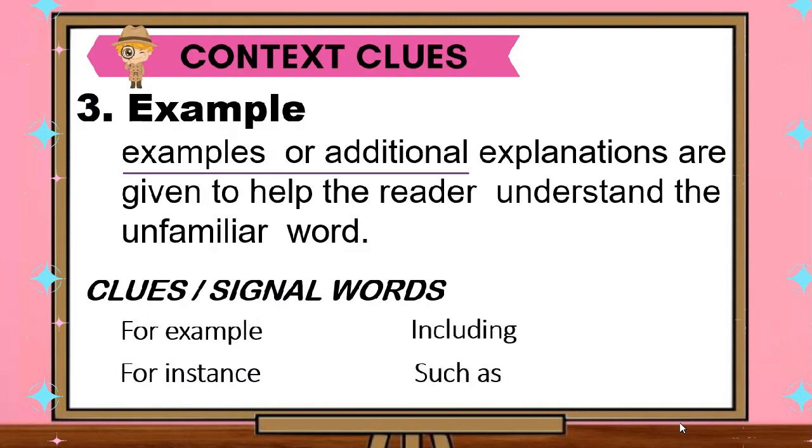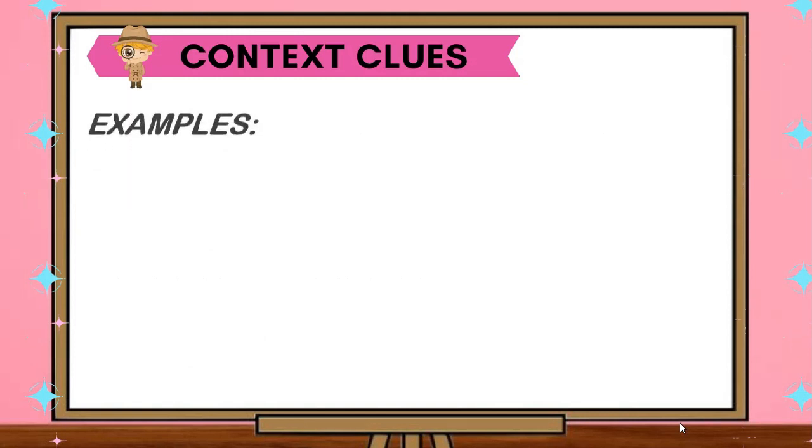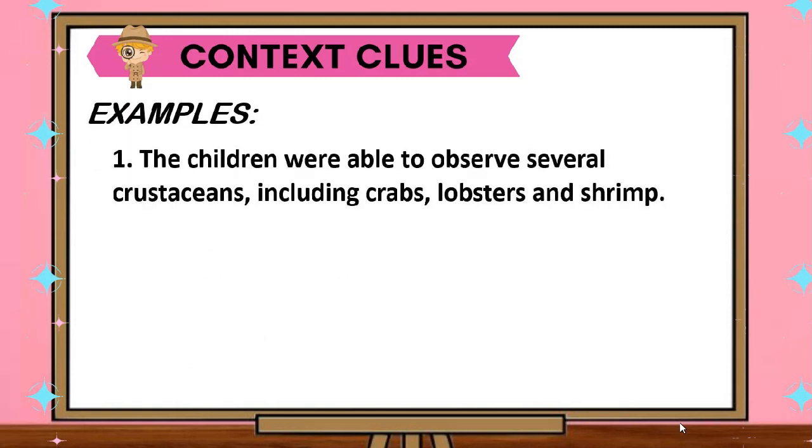Words like for example, for instance, including, and such as point out example clues. Let's have the sentences. The children were able to observe several crustaceans, including crabs, lobsters, and shrimp.